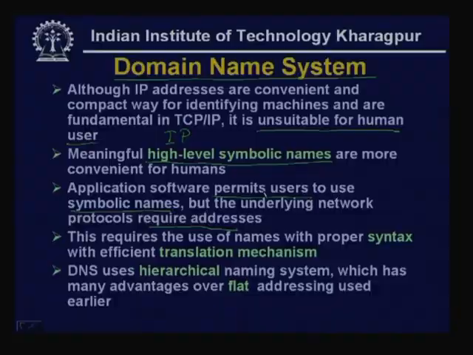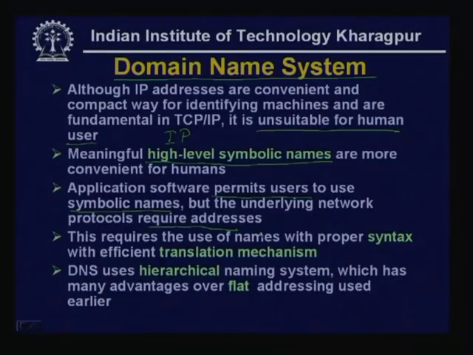That means the machines require IP addresses, while users require symbolic addresses. The gap has to be bridged, and that is done by using the domain name system, which requires a suitable syntax and also an efficient translation mechanism.